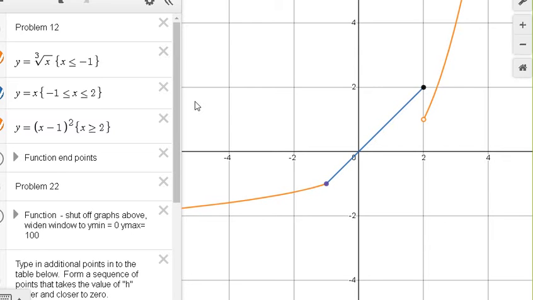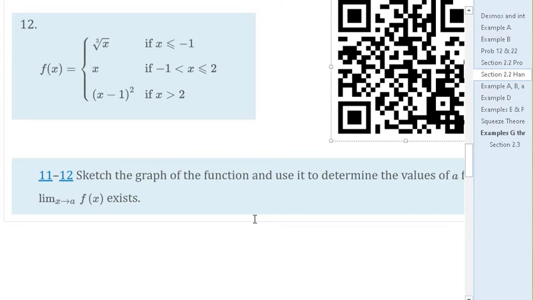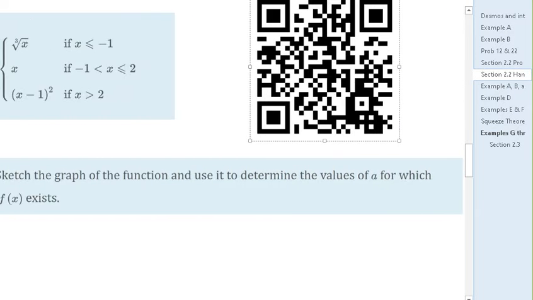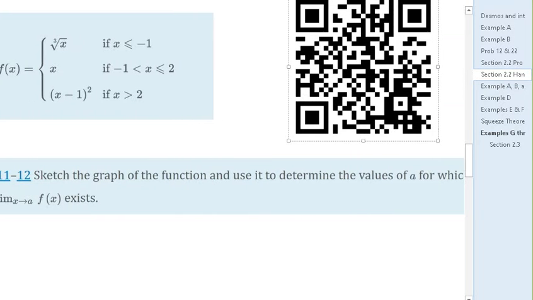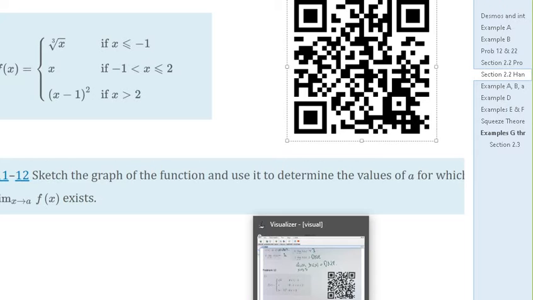At x equals 2? Yeah, at x equals 2. Everywhere else, the graph is a continuous function, so its limits at all these points are going to exist. So rather than answering this by figuring out each point where the limit exists, we're just going to do it by figuring out where it doesn't exist. And where it doesn't exist is at x equals 2. So thank you, Nicole.